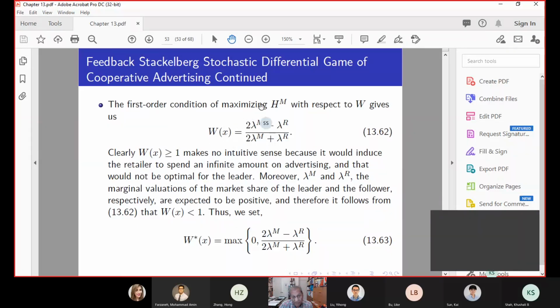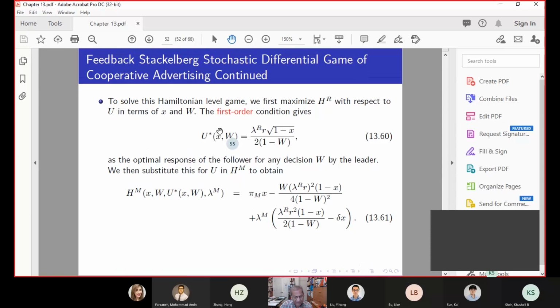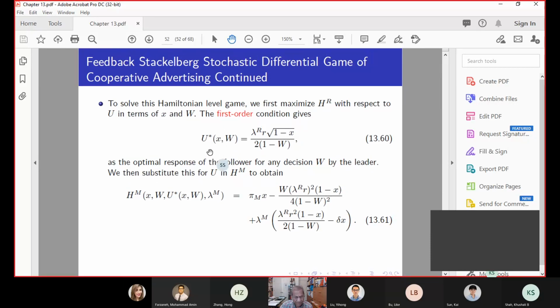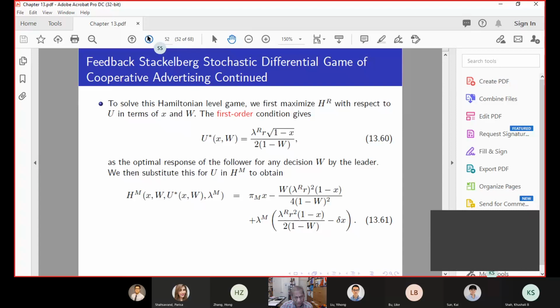So the first order condition for maximizing. First we should maximize this, so first the retailer. What the retailer does is take the derivative with respect to this quantity here and define u. So we take the derivative and we get u star of x and w in terms of lambda and w.